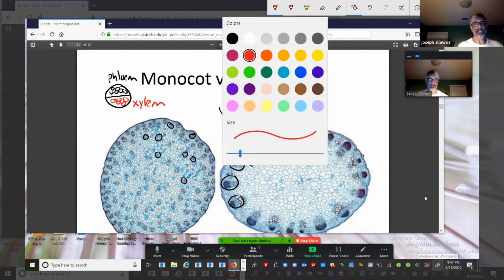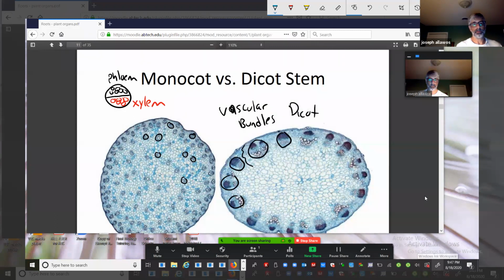And then what makes xylem and phloem? What is this region right here in between the xylem and the phloem? The vascular cambium. So this is the vascular cambium.